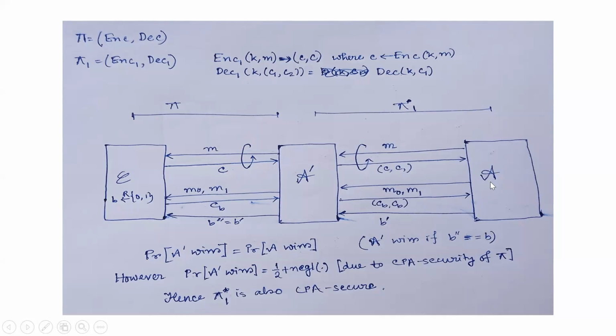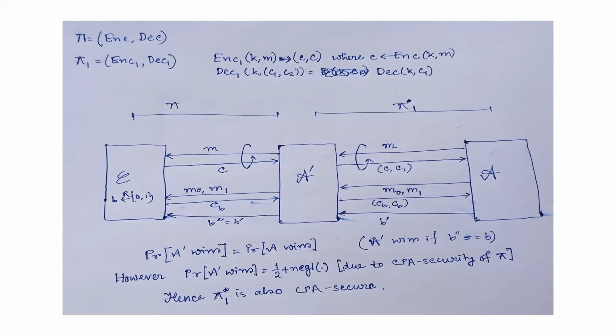Next, adversary A chooses two different plaintexts M0 and M1. One thing is not written here, which is that the size of M0 should be the size of M1, which is the condition for the CPA security game, if you remember. Okay.